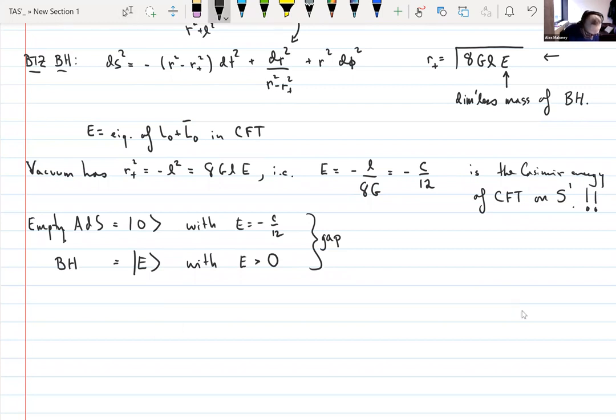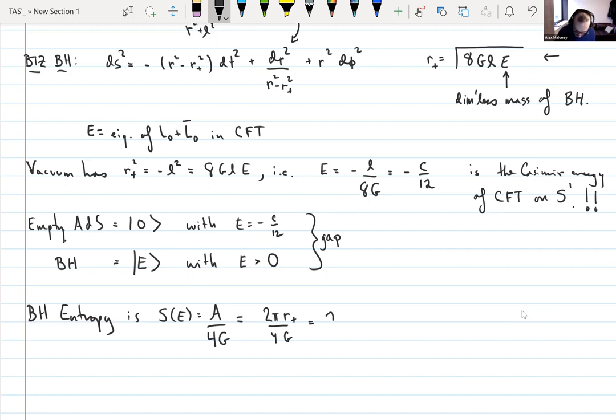Now, the black hole entropy, what is that? It's A over 4G. That's the Bekenstein-Hawking entropy. So let's write that down. That's 2 pi r plus, the area, that is to say the length of the circle at the horizon, divided by 4G.